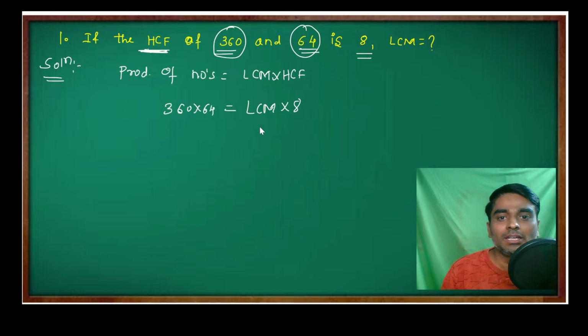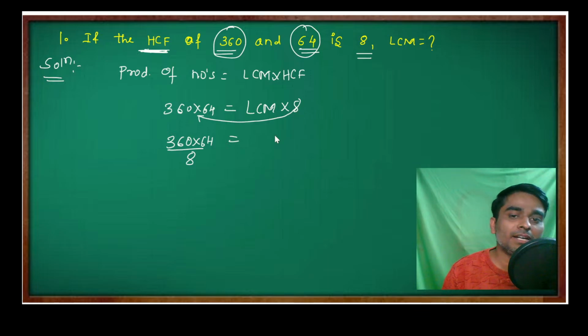Now I need LCM, so 8 comes to this side and gets divided: 360 into 64 divided by 8. I can cancel 8 and 64, since 8 8s are 64.